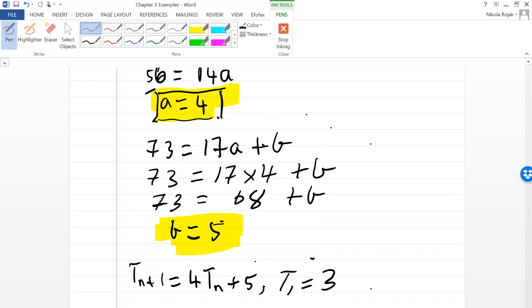You can test that this actually works, because if the first term is 3, you multiply that by 4, you get 12, you add 5, you get 17, which is the next term.